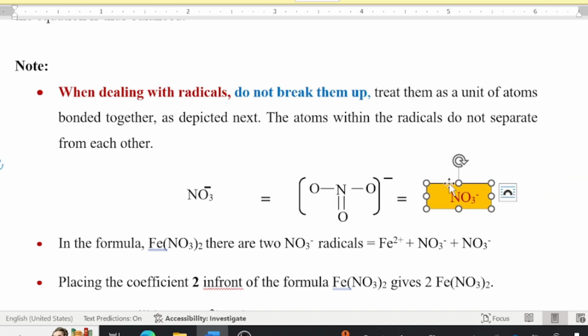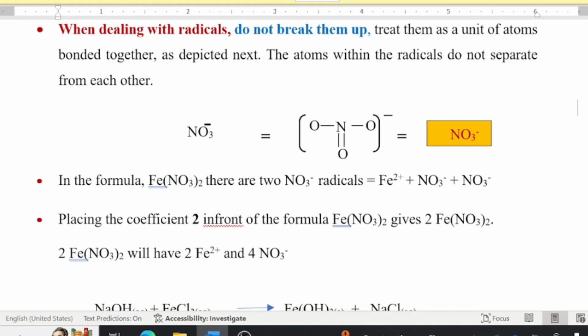You're not moving the nitrogen away from the oxygen, right? For example, in this formula here, iron(II) nitrate, what do we have? How can we separate this? You have 2 nitrate ions. See that? 2 of these because of this subscript here. And you have 1 Fe. So that is equal to 1 Fe2+, and you have 2 of these here. If I put a coefficient of 2 in front of it, what does it do?